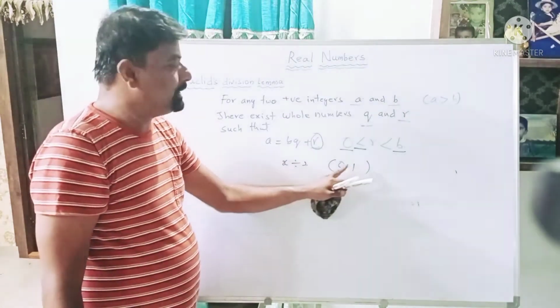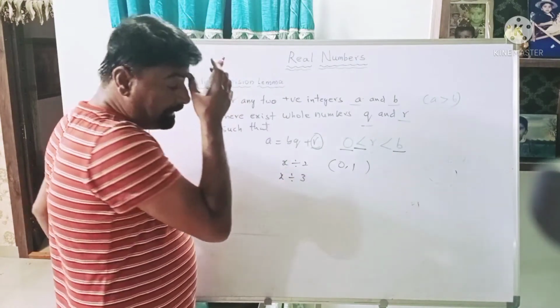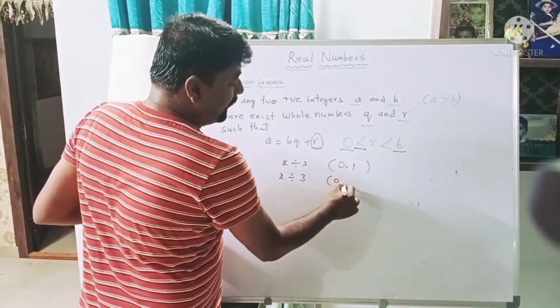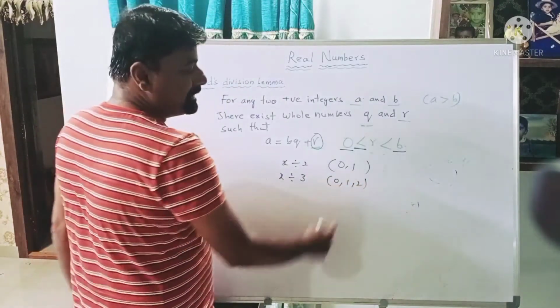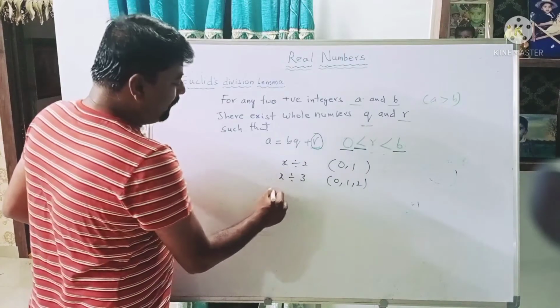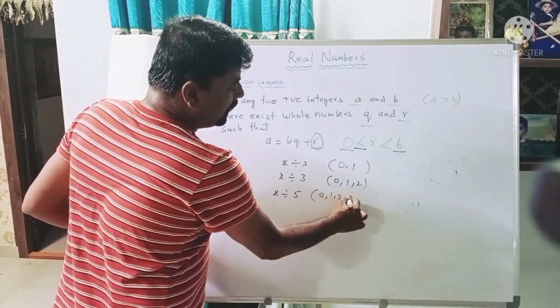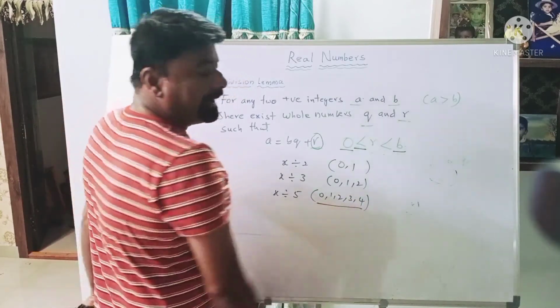Therefore the choices are 0 and 1. The same number when divided by 3, the remainders may be 0, 1, 2, beta. So these three are the chances when a number is divided by 3. For example, if x is divided by 5, then 0, 1, 2, 3, 4. So these are the chances to get remainders, beta.